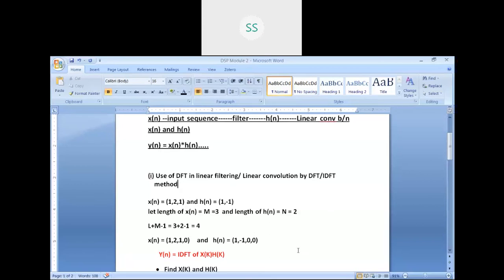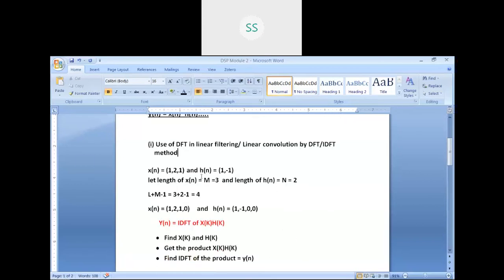But here one condition should be satisfied before applying this concept. From the linear convolution operation, you might know that, for example, if our sequence x of n is 1, 2, 1, a 3 sample sequence, and the impulse response of the filter h of n is 1 and minus 1, then the length of the sequences is most important.